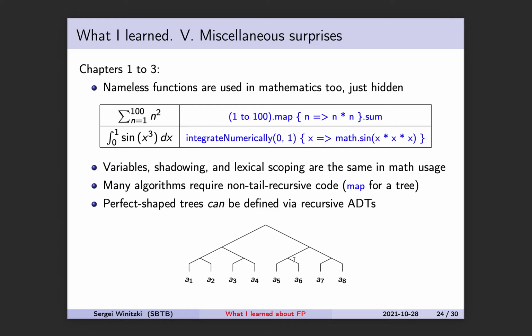So that will exclude the possibility that you do not branch here, for instance, that you have here A5, A6, but here only A7 in this place. So you could exclude this by defining a type, so it will not compile unless you have the right number of data items in your tree. And that was a surprise to me, that you can actually do that.